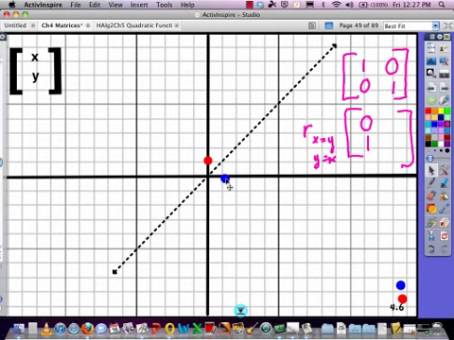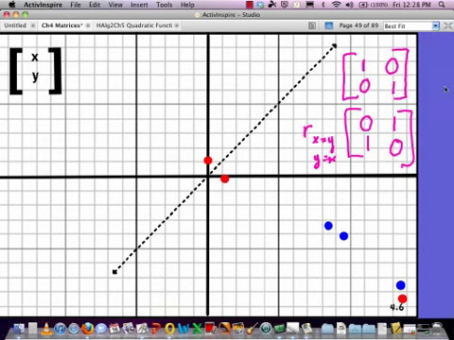So you can see that the point 1, 0 went to 0, 1. The point 0, 1 went to 1, 0. So we have 3 new matrices that we just described that represent our reflection matrices of any points over those lines. So it doesn't matter what our points are.